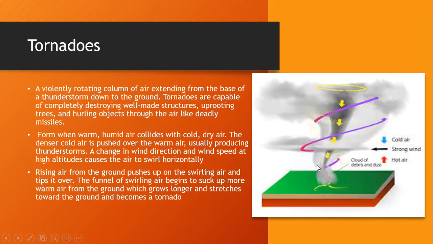You keep getting that rising hot air pushing up against that falling cold air, and that difference is what causes the tornado. It's pretty much just two different airs colliding, and that's what's giving you that tornado-like effect, if that makes sense.